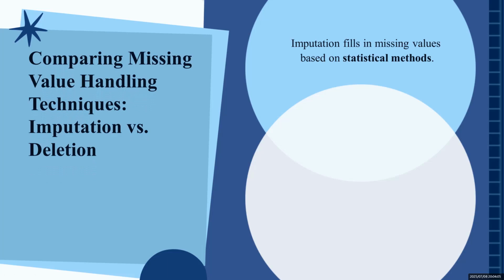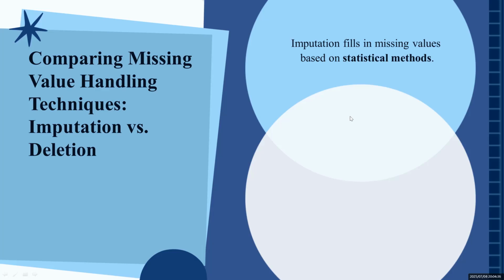Now the next thing we want to look at is comparing missing values handling techniques. We are looking at imputation and deletion. When we talk about imputation, you have a missing value and you put in a value based on some statistical method. I'm going to show you what I mean by that during our seminar period, and I'll also tell you when you should use imputation and when you should consider deletion.